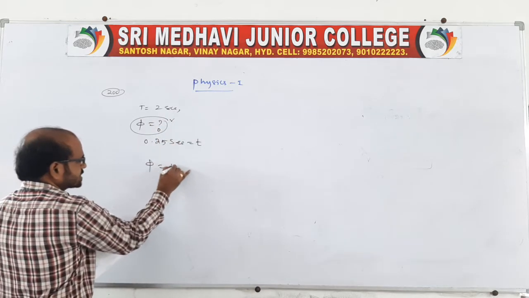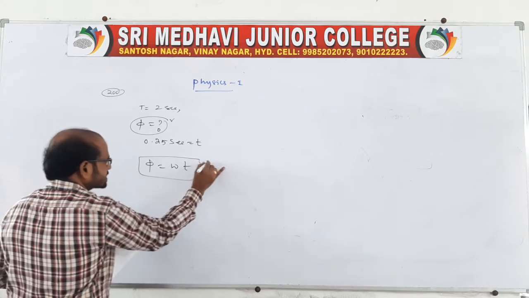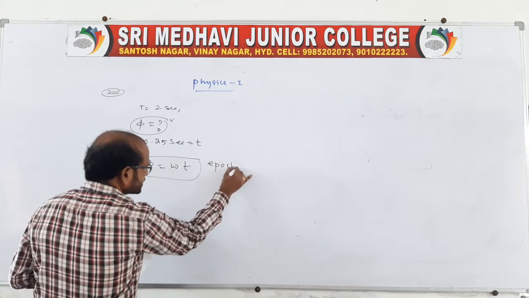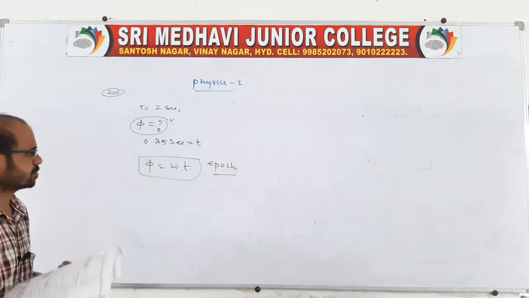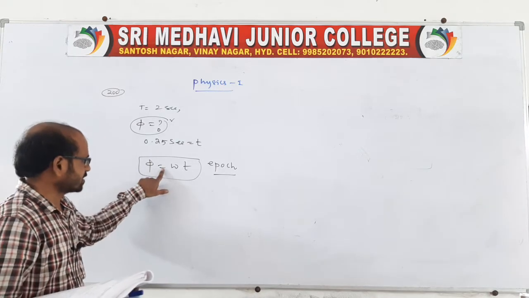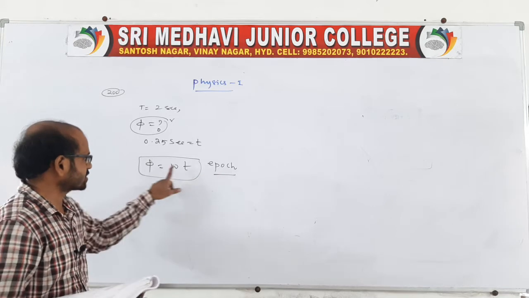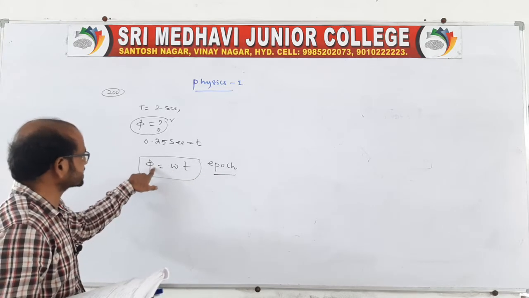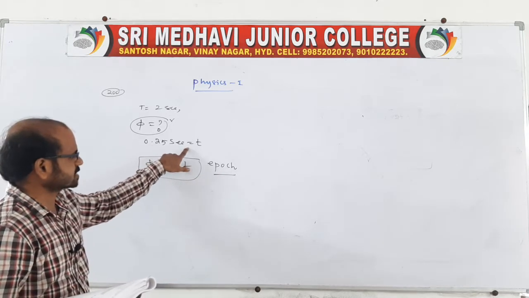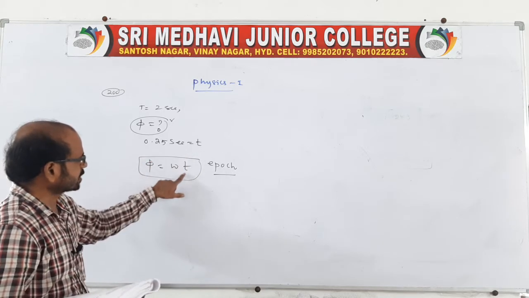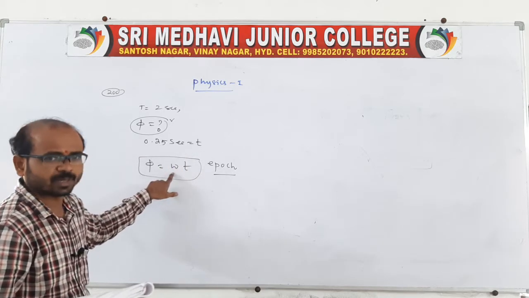Of course, we know the starting phase we can call the epoch, right? In the previous class I gave this definition, that phi is equal to omega t, which is nothing but the epoch. It is asking what the phase is after 0.25 seconds. Here we know the time 0.25, but we don't know omega.